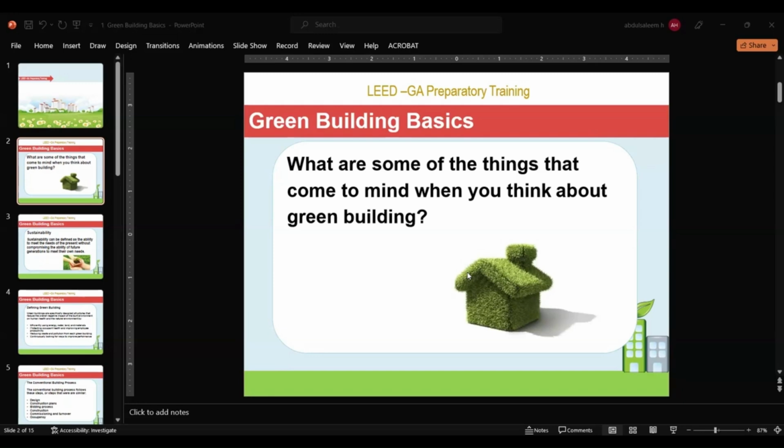Also in running the building, like transportation and the recycling of water, some buildings recycle the drainage water for the lawns and trees. That will reduce fresh water usage. There are different ways that we will learn in the coming slides. So these are some examples of green building.